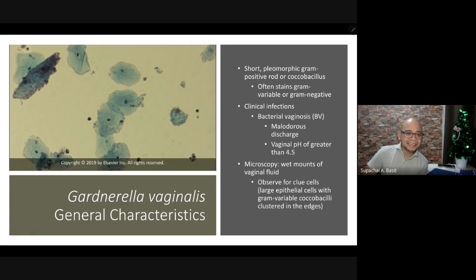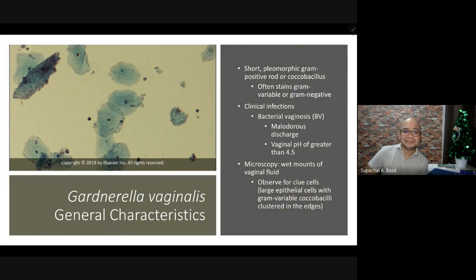Gardnerella vaginalis can cause bacterial vaginosis in females. And if a female has vaginosis, she would have a foul-smelling discharge coming out from the vagina. This is a malodorous discharge, usually seen with a vaginal pH of greater than 4.5.